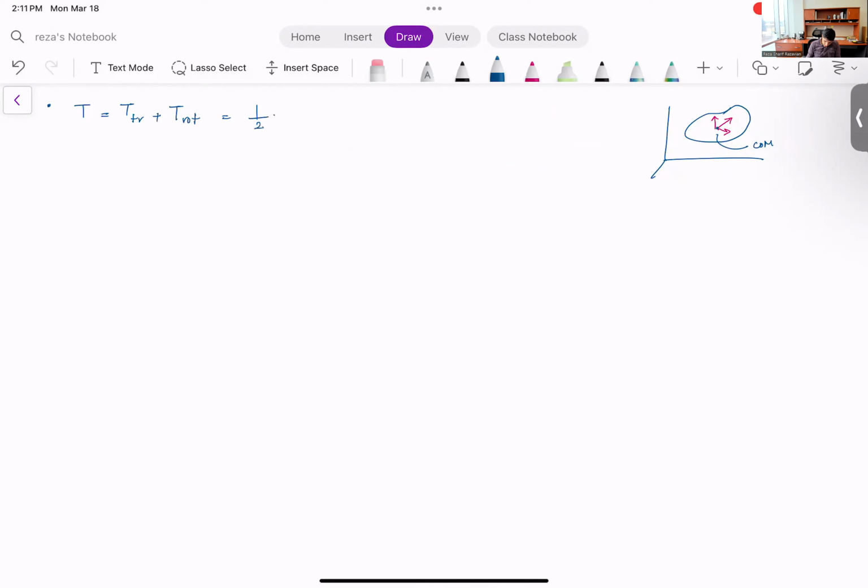And this one is 1/2 m (x dot squared plus y dot squared plus z dot squared), where capital X, Y, Z are my inertial frame, and the little x, y, z are the body fixed frame, plus 1/2 omega transpose times I times omega.